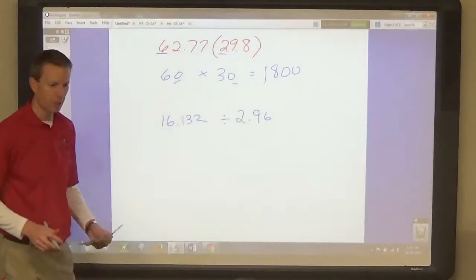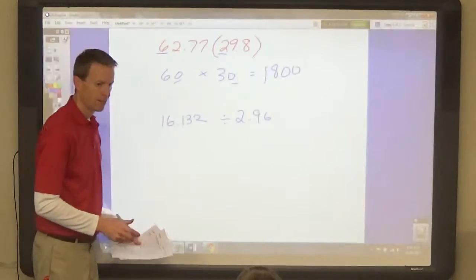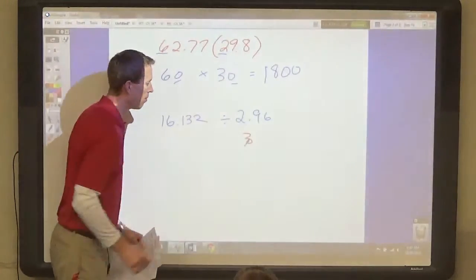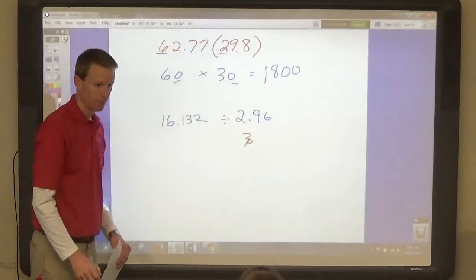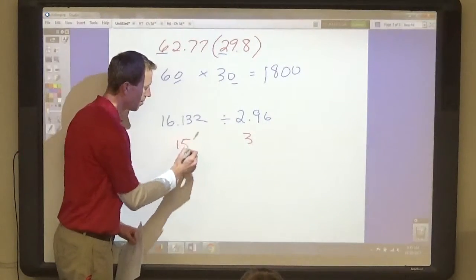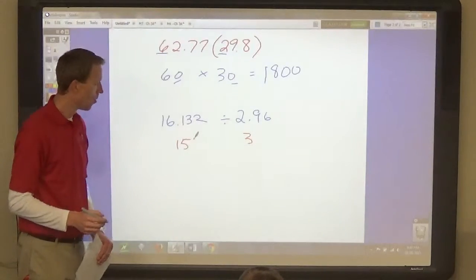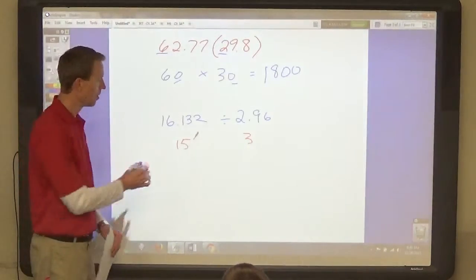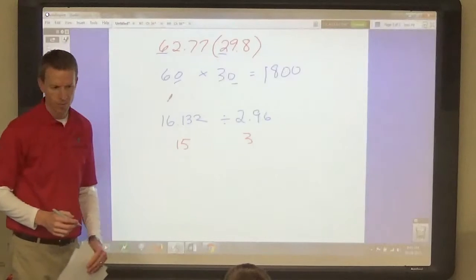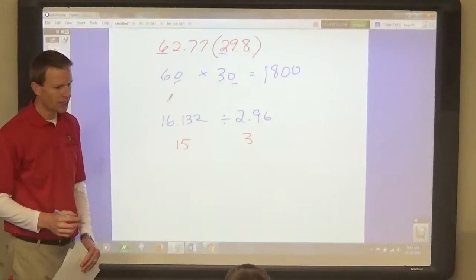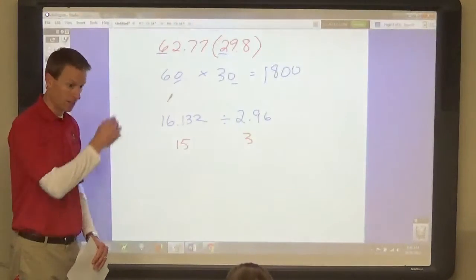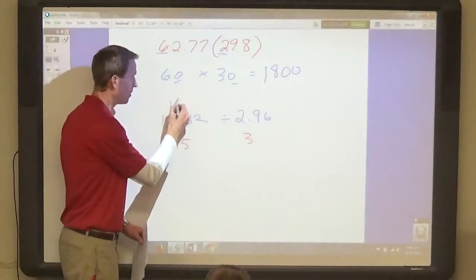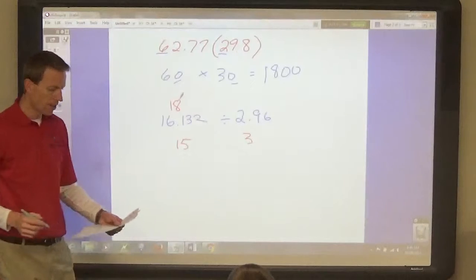But are those compatible? No. What would be compatible with 3? Either 15 or 17? 17 is not divisible by 3. But the next one, 18 is. Yep. So then look at the answer.